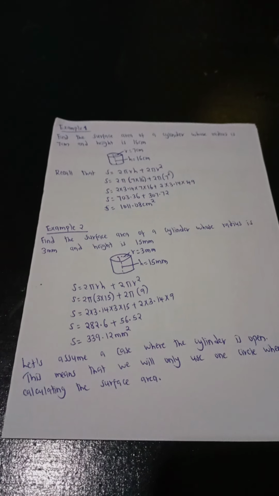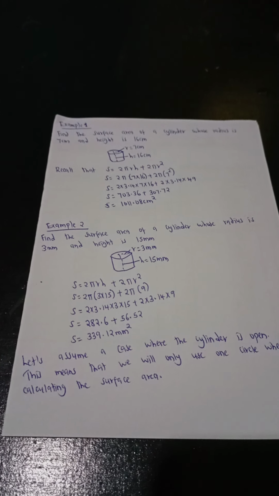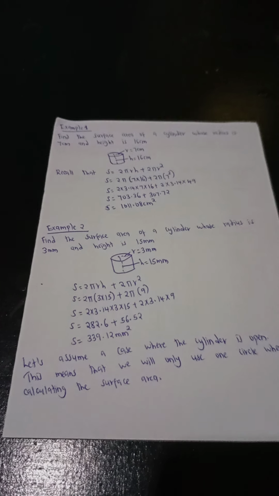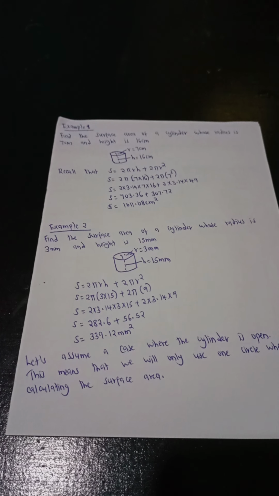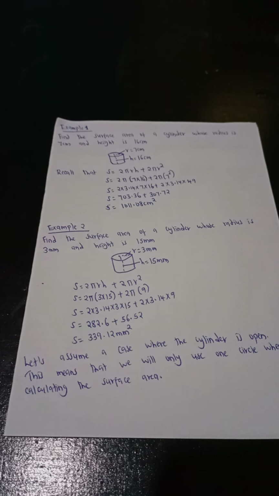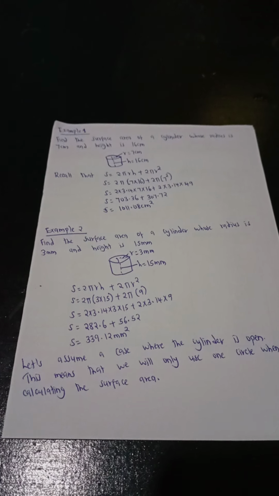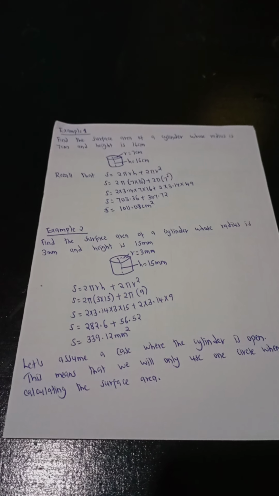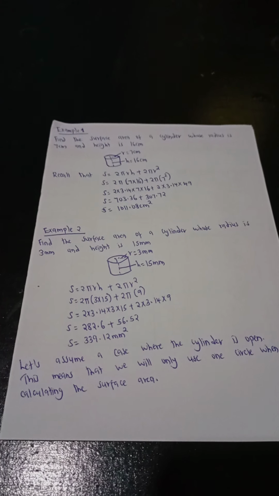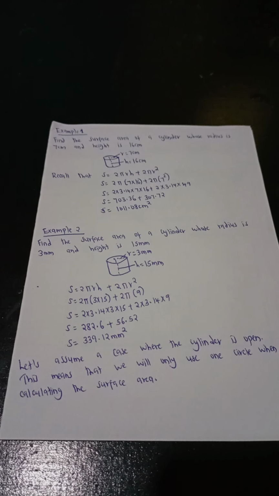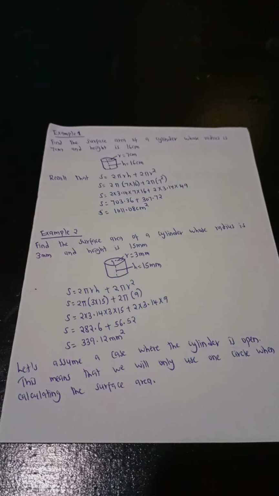I've given another example of the surface area of the cylinder. Example 1. Find the surface area of a cylinder whose radius is 7 centimeters and height is 16 centimeters. I've drawn the cylinder there with a radius of 7 and a height of 16. So let's recall that surface area is equal to 2 pi r h plus 2 pi r squared.